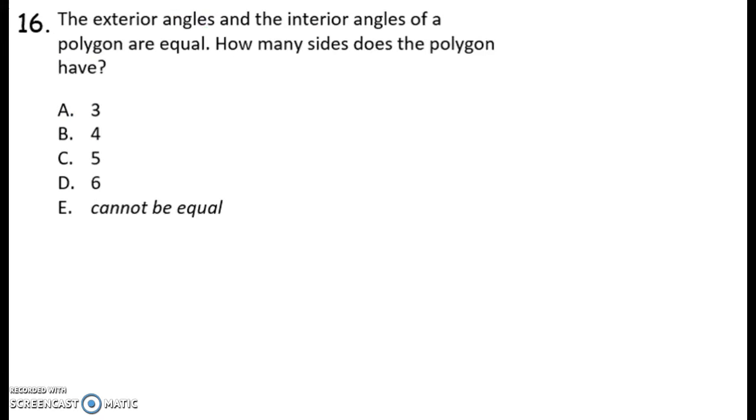And finally in problem 16 it says the exterior angles and the interior angles of a polygon are equal. How many sides does the polygon have? Well, they're telling you when you add your interior angles with your exterior angles, remember those are linear pairs, so it will be equal to 180 degrees.